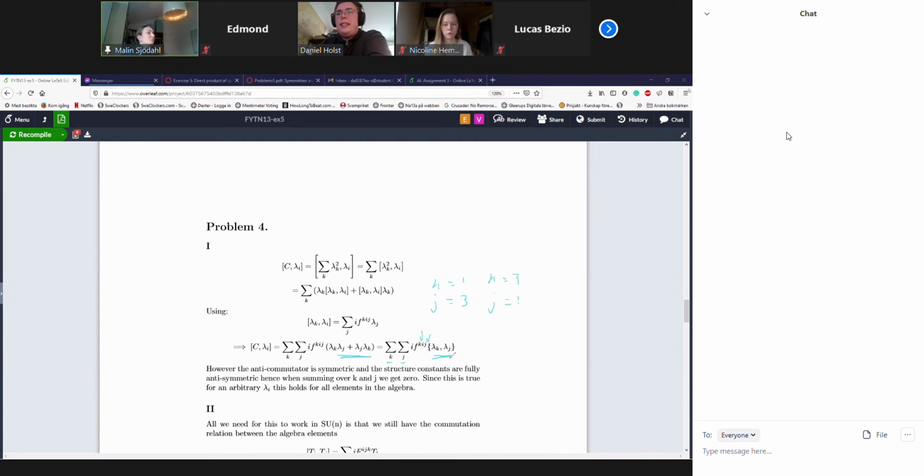And this will exactly cancel each other. So we get 0. So we have shown that this commutator is 0 for lambda I, but of course this was for an arbitrary element, so this holds for all elements in the algebra. So we showed what we wanted to show.